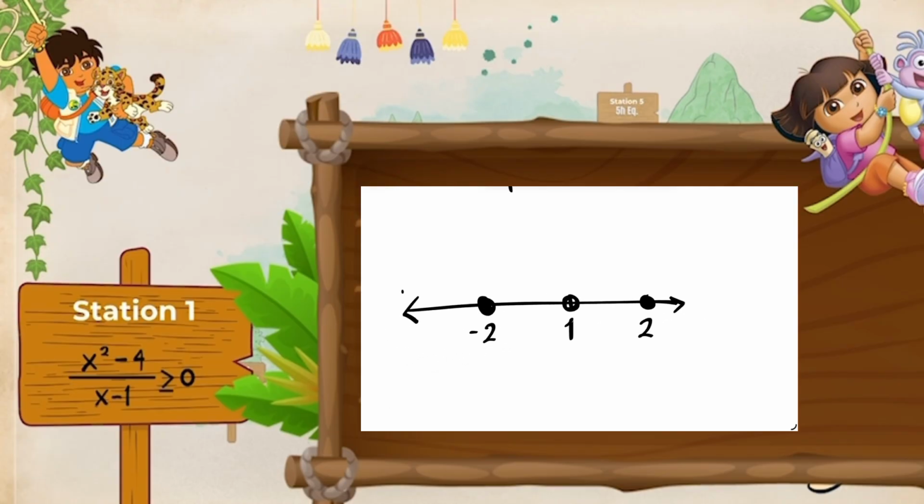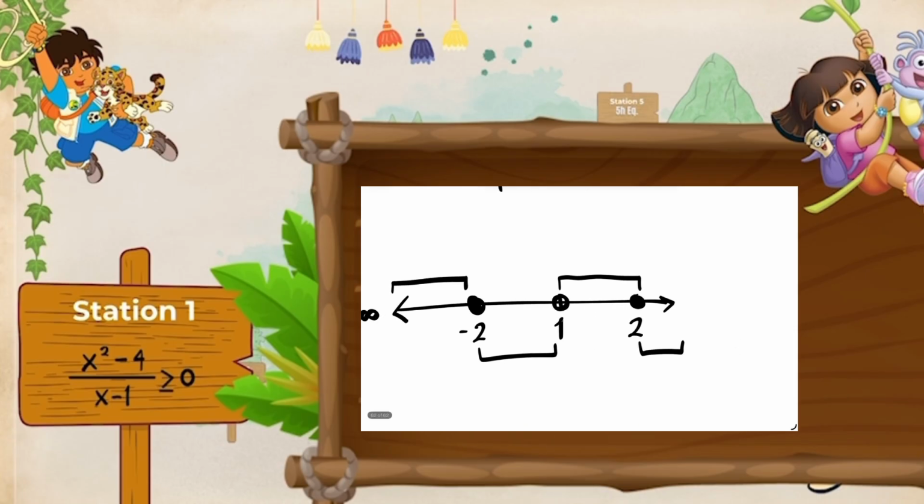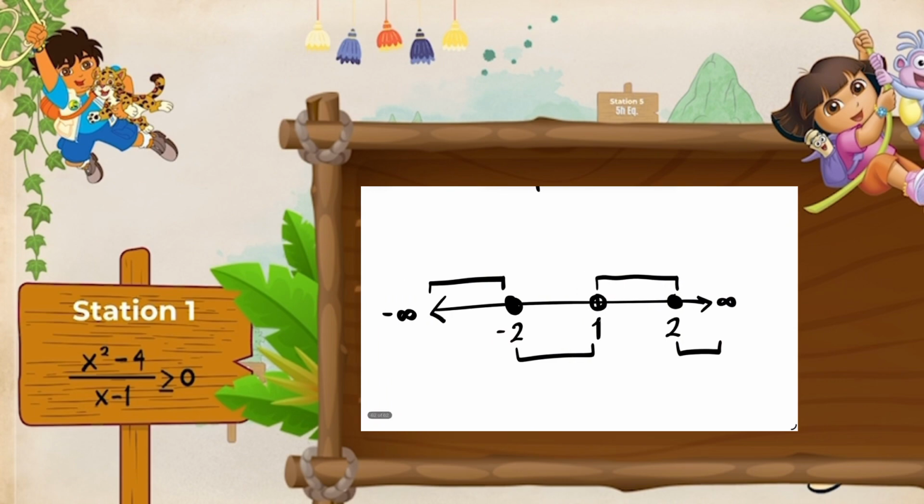Now, we're going to determine the ordered pairs. This one is negative infinity. This one is positive infinity. The first pair is negative infinity, and since negative 2 is included, it's going to be a bracket.